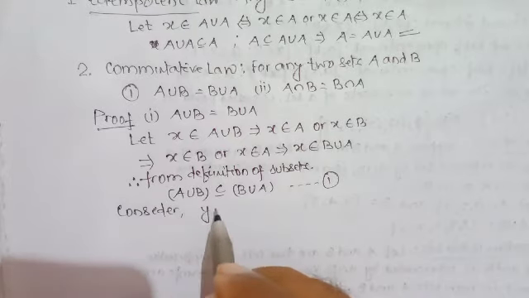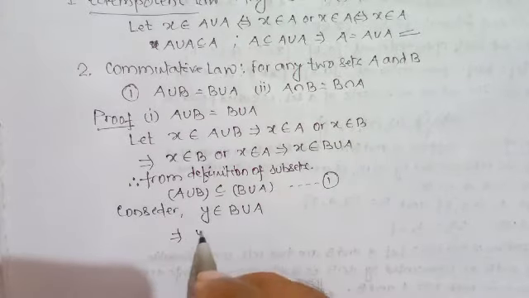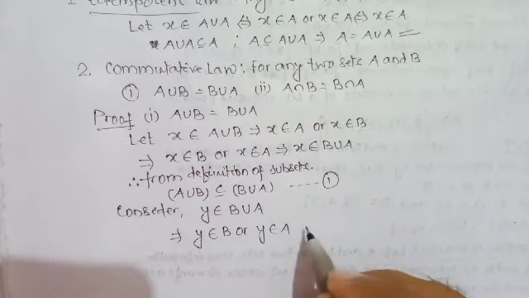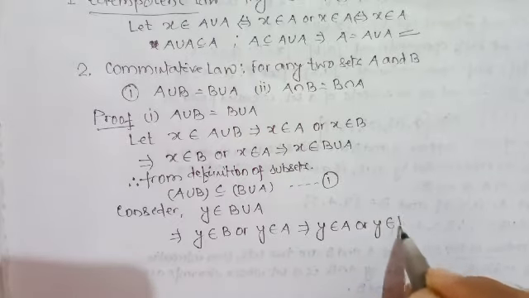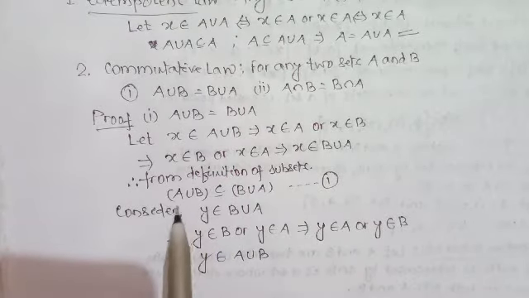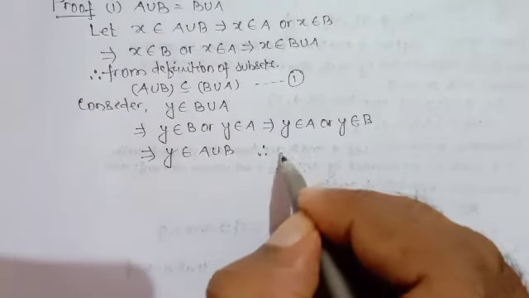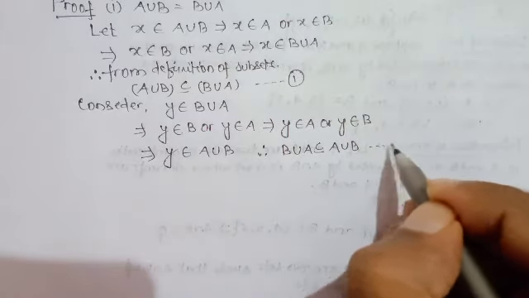Let Y belong to B union A. In the first step, remove union, which means Y belongs to B or Y belongs to A. This implies Y belongs to A or Y belongs to B. In the same way, we can say that Y belongs to A union B. Thus, Y belongs to B union A implies Y belongs to A union B. On the same ground as above, we may write B union A is a subset of A union B. This is your relation number 2.